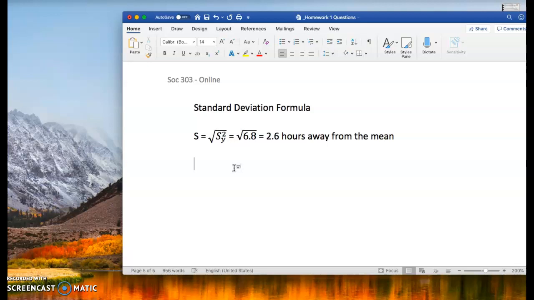So think about this in terms of test scores. If the average test score is a 90 and the standard deviation is 5, that means that if you're within 5 points of 90, you're within a normal range. Anything outside of that exceeds normality. So let's say you score a 99, that means you're outside of the normal range and you're scoring pretty high.